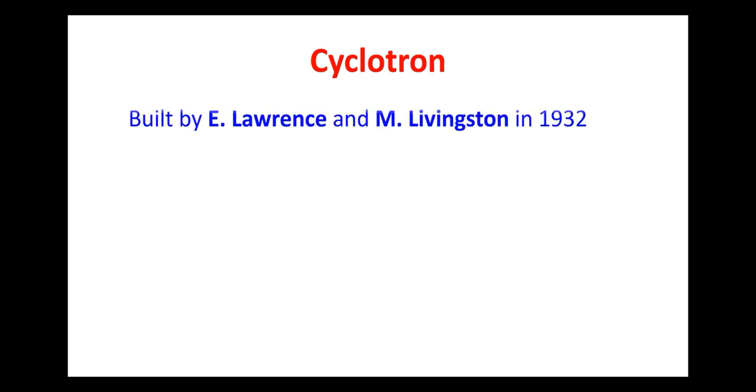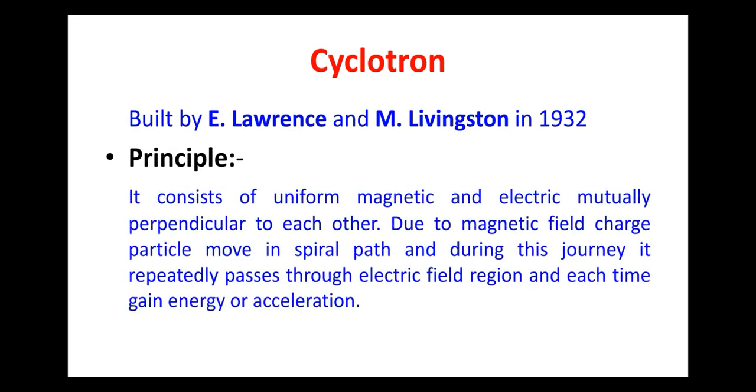Now let us move towards our main topic, that is cyclotron. The cyclotron is the first cyclic accelerator, built by Lawrence and Livingston in 1932. Talking about the principle, it consists of a uniform magnetic field and an electric field mutually perpendicular to each other.